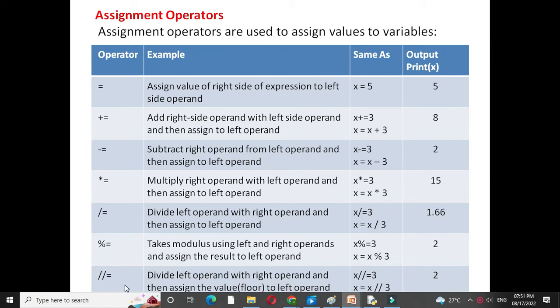Floor division equal to, which divides the left operand by the right operand and then assigns the value to the left operand. For example, x floor equal to 3, then the output will be 2. If we use x divided by 3, the output will be 1.66, and if we use x floor equal to 3, the output will be 2.